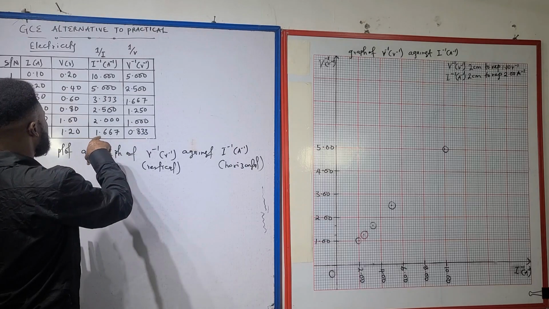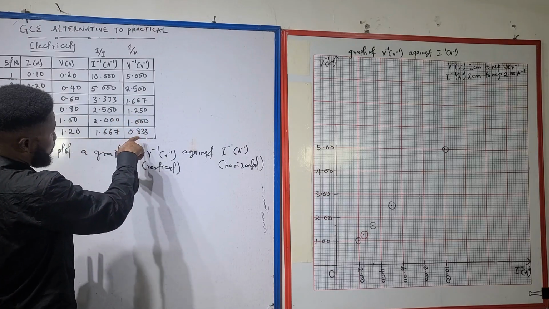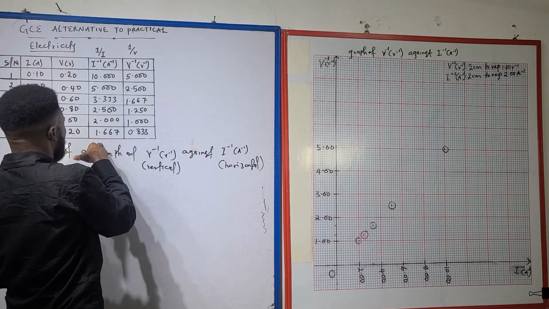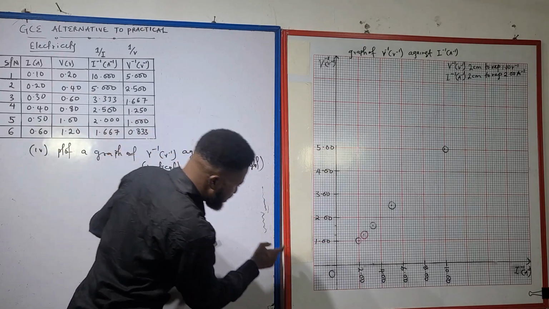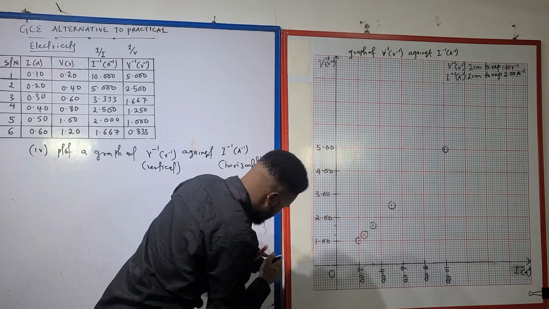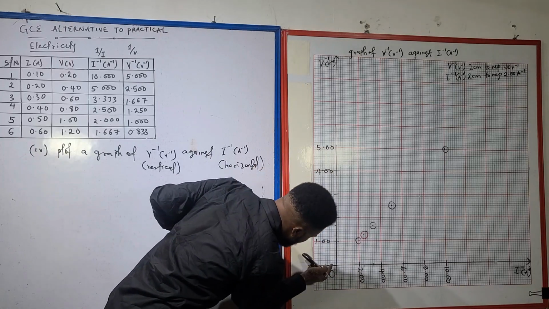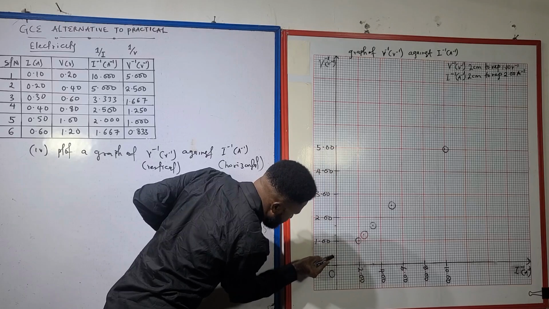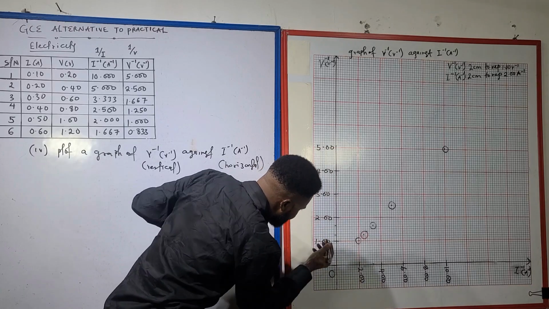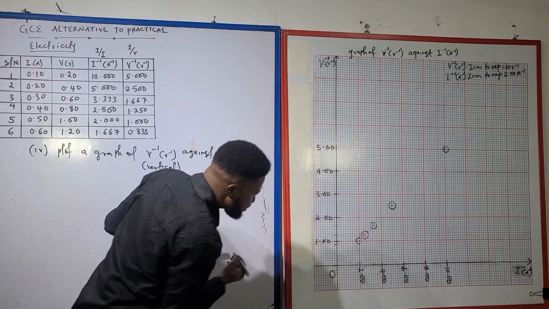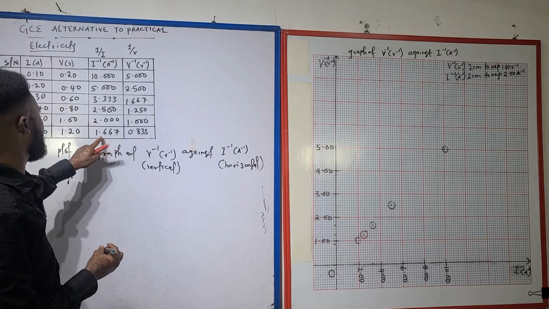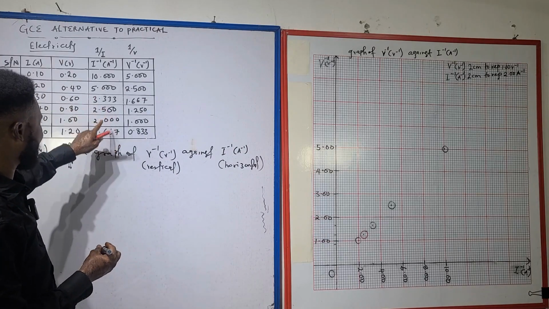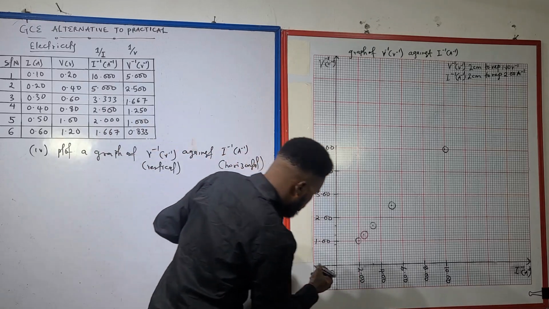And lastly, when the voltage is 0.83, current is 1.667. Voltage is 0.83: you see 0.1, 0.2, 0.3, 0.4, 0.5, 0.6, 0.7, 0.8. So that's in between 0.8 and 0.9, just before 1, and then 1.667 for the current.